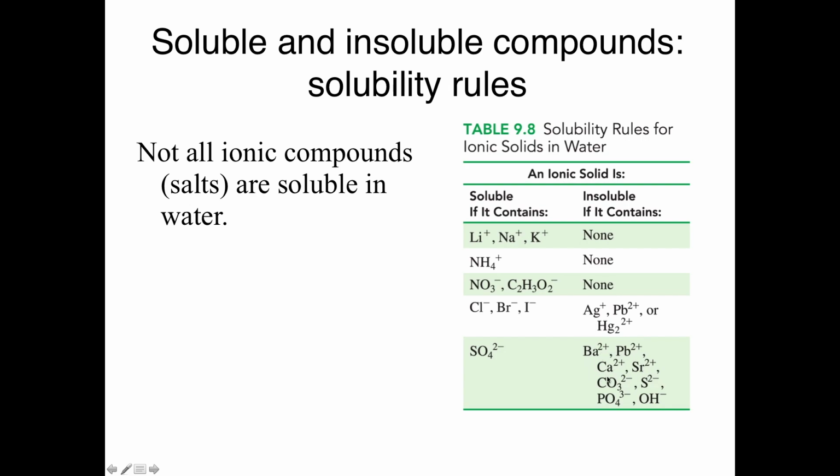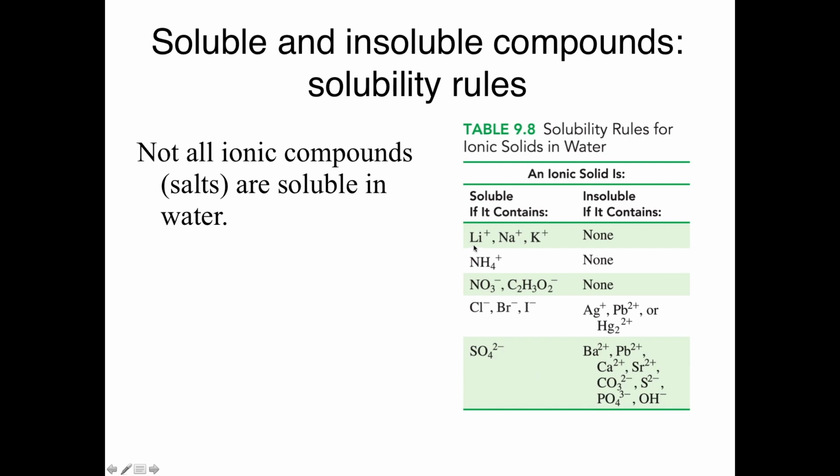And lastly, these last 2 rows right here are a little bit confusing, but it means that anytime you have carbonates, sulfides, phosphates, and hydroxides, you will be insoluble, except if those are paired up with these guys, right? Remember, these guys have no exceptions. So whatever rules are on top trump rules that are on the bottom.